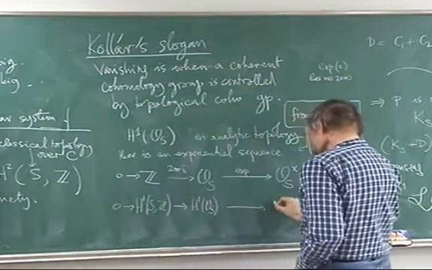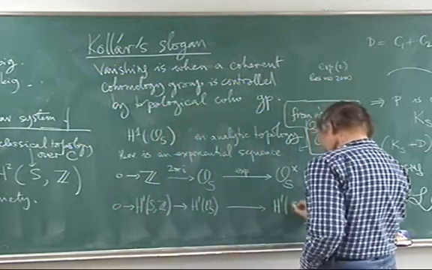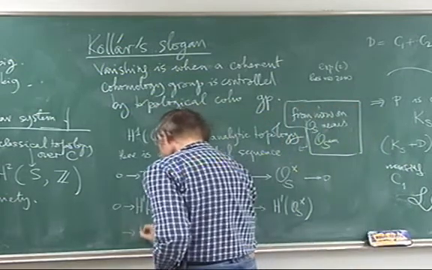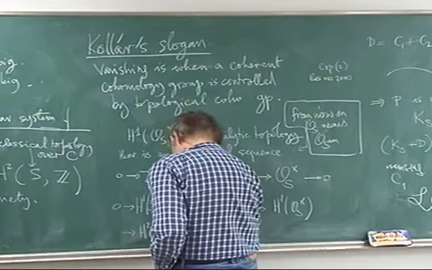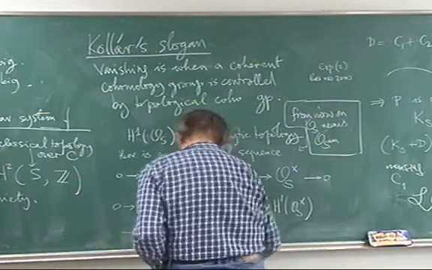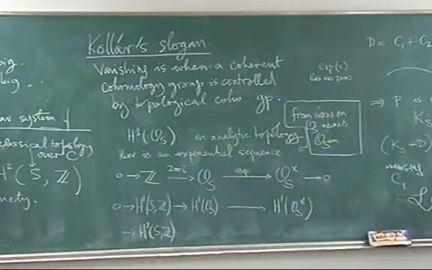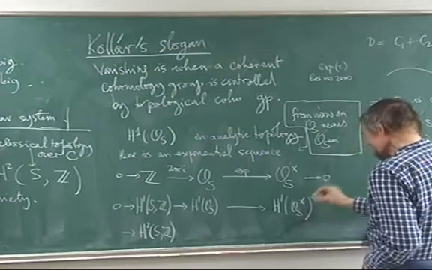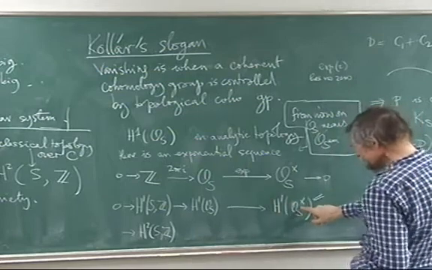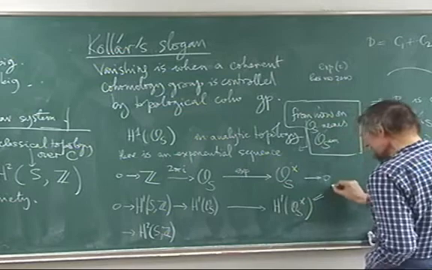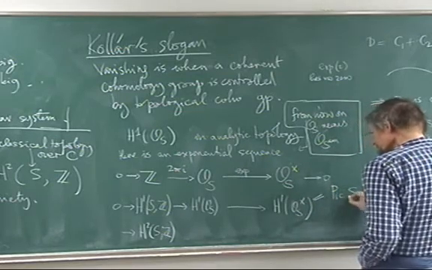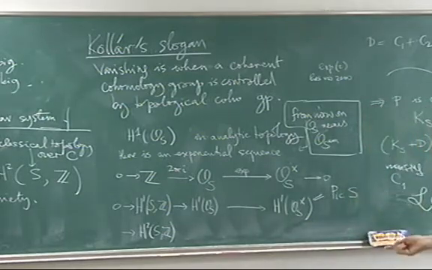And this goes on to H1 OS multiplicative, and then this goes on to H2. This guy here is, of course it's analytic, not algebraic geometric, but it is the Picard group of S. It's the group of line bundles on S.